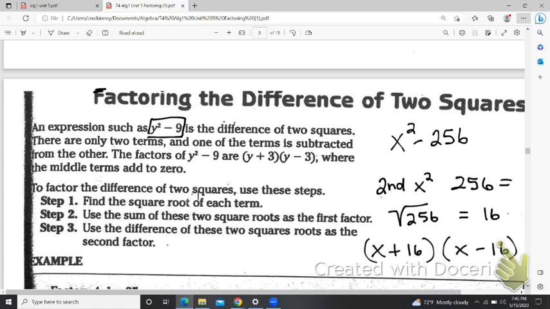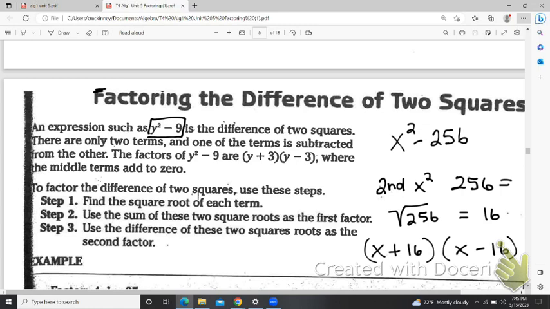By the way, it does not matter if you write the plus in the first set or in the second set, but one needs to be positive, one needs to be negative. The two factors, that's the two sets of parentheses, will look the same except the sign.